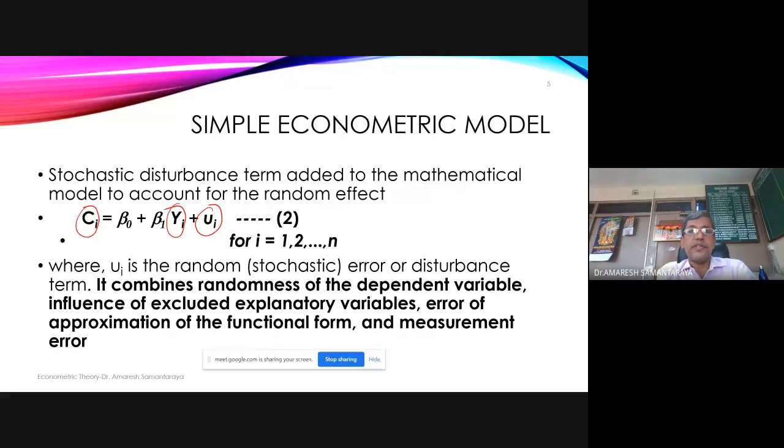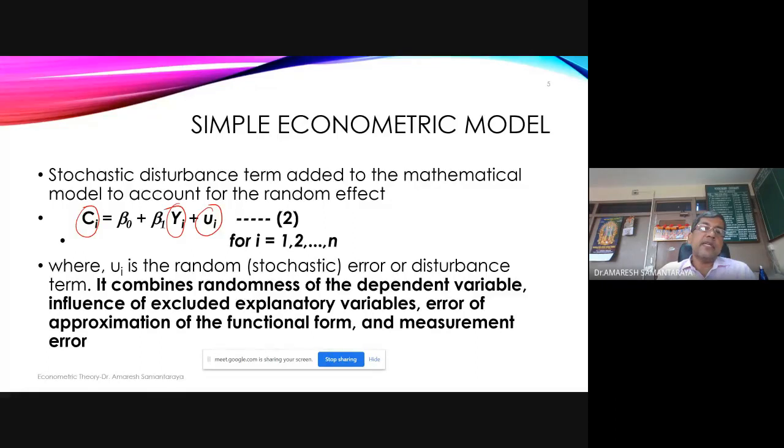In the rest of econometrics, the various models, assumptions, etc., everywhere our discussion largely focuses on the nature and properties of Ui. This Ui, named the stochastic disturbance term or random error term, is a very critical new term you are learning, and it is the most critical component of an econometric model.